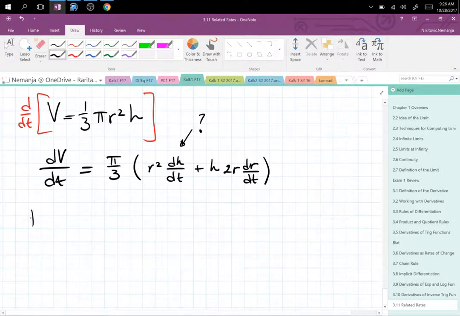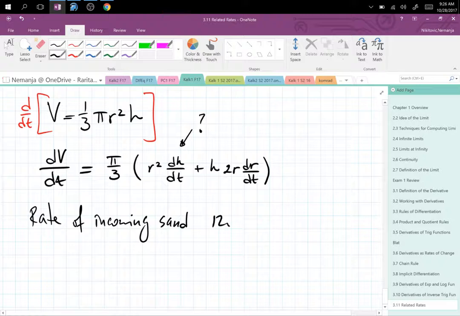So the rate of incoming sand is 120 feet cube per minute.